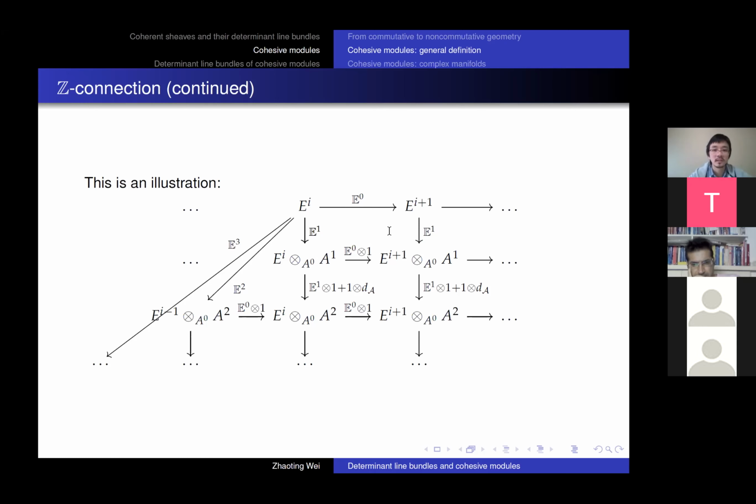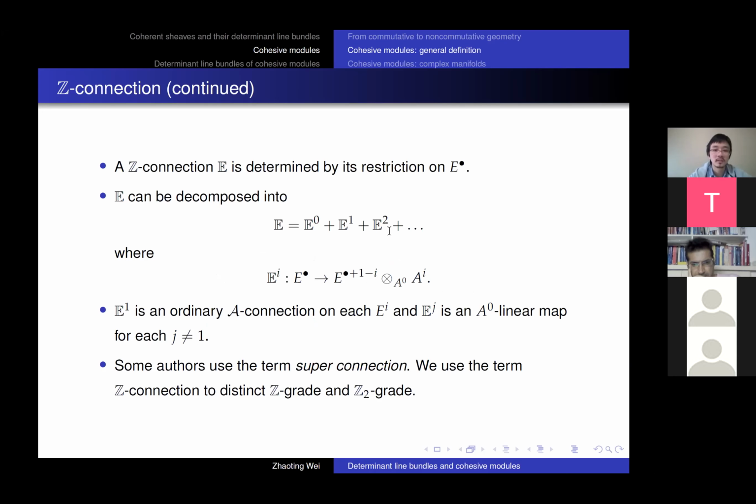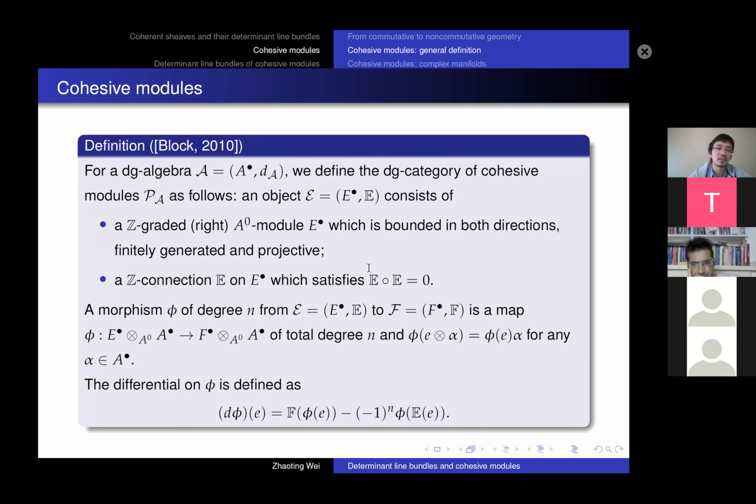And what is a cohesive module? A cohesive module is defined by Jonathan Block in about 2010. That is a Z connection on a graded module, and there are two requirements. First, the graded module is bounded, finitely generated and projective.